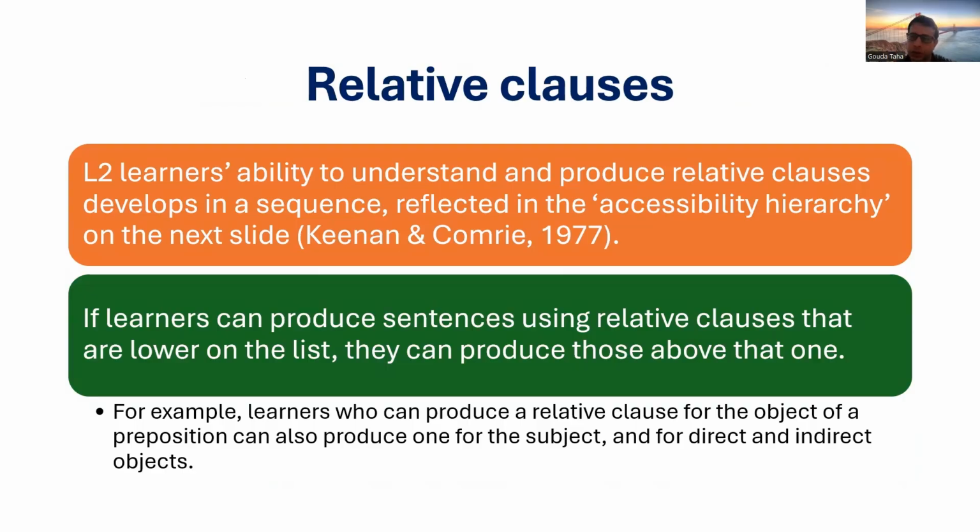Another area that also shows the acquisition process and the developmental errors or developmental sequences of second language learning is relative clauses. Keenan and Comrie, 1977, highlighted that the second language ability to understand and produce relative clauses develops in sequence, reflected in the accessibility hierarchy.